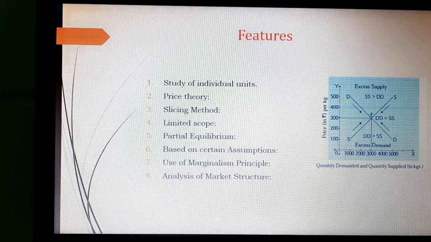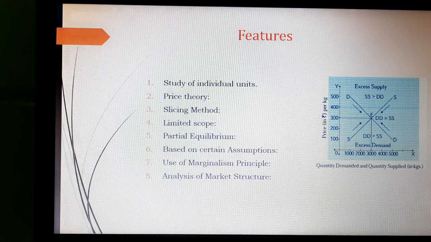Fine. After that, the fifth point is partial equilibrium. Now equilibrium means equal. Now what partial equilibrium means? For that, we have a diagram in which you can see that x-axis and y-axis are there. Quantity demanded and quantity supplied are plotted on x-axis and prices are plotted on y-axis.